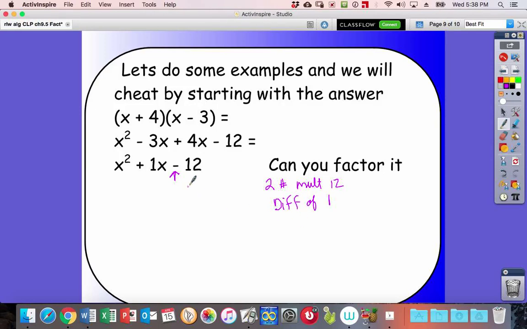So I come to the 12, and I go, okay, what are the factors of 12? 1 and 12, 2 and 6, 3 and 4. And now I'm looking at what's the difference of those two numbers. Well, the difference between 1 and 12 is 11. The difference between 2 and 6 is 4. The difference between 3 and 4 is 1. So I know that's what's going to go in my parentheses.